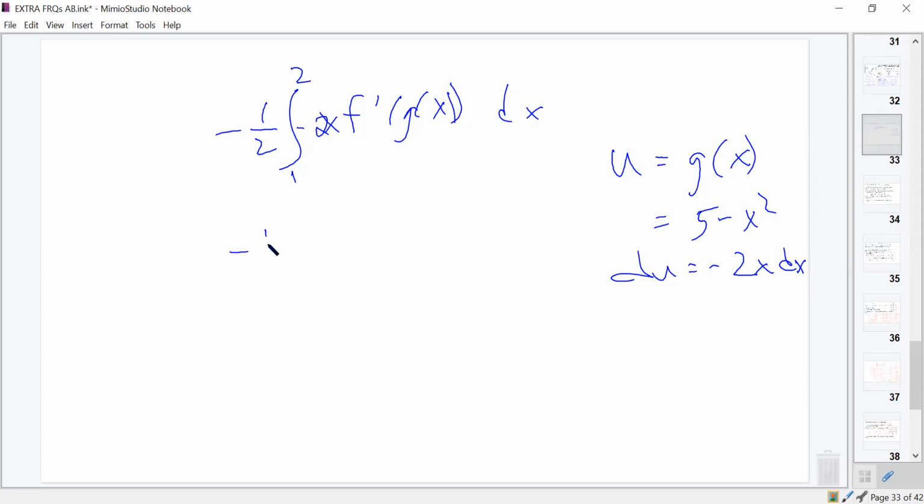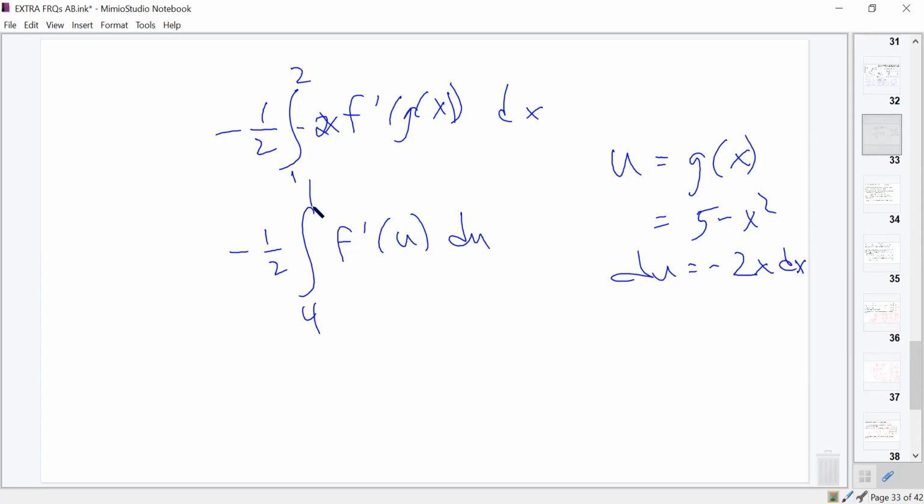And so we do negative 1/2 of the integral, and the negative 2x dx would become du. And we just have f prime of u du. And then if x is 1, then u is 4, 5 minus 1 squared. And if x is 2, then the upper limit is 1.